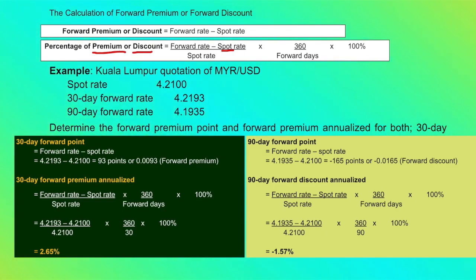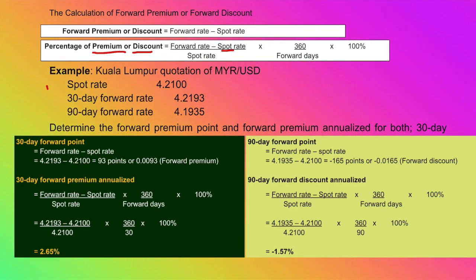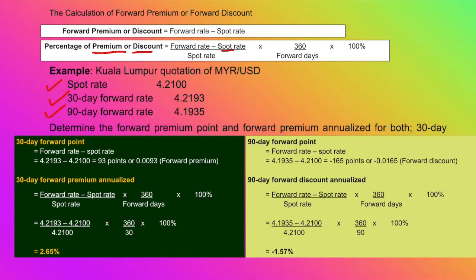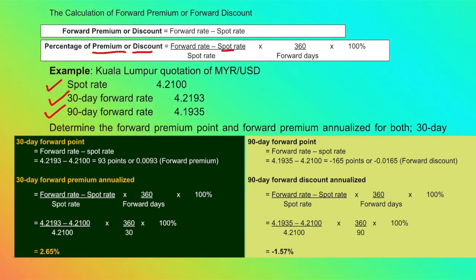Let's look at the example. For example, Kuala Lumpur quotation of Malaysia ringgit per US dollar. We have spot rate, we have 30 days forward rate and 90 days forward rate. Determine the forward premium point and forward premium annualized for both. Okay, so this one is forward day.